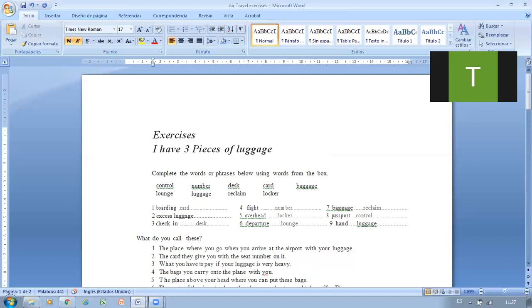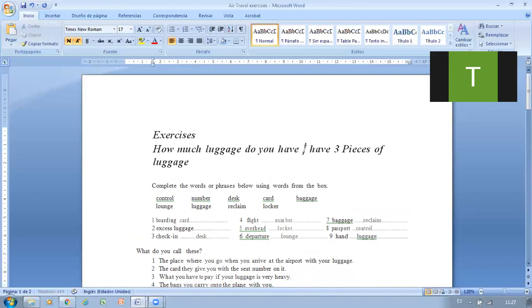But the question is with how much, not with how many, because luggage is uncountable. So the question would be like this: how much luggage do you have? And then you say, I have 3 pieces of luggage.